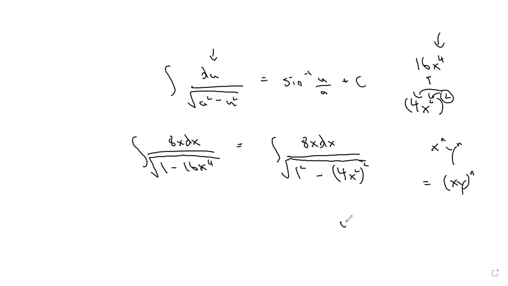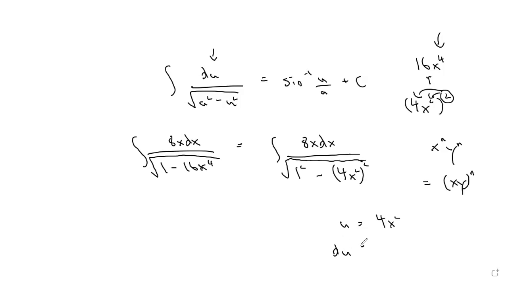So let's write that down. u is 4x squared, so du is going to be, oh, actually, hold on, will this work? Oh, yes, absolutely it does. Sorry, I was seeing a mistake, but don't worry. Okay, sorry, I messed myself up.